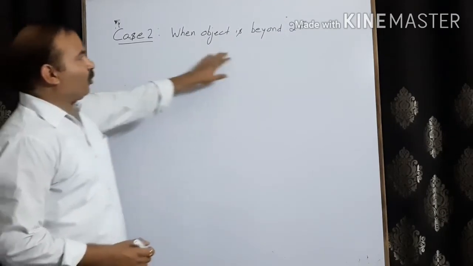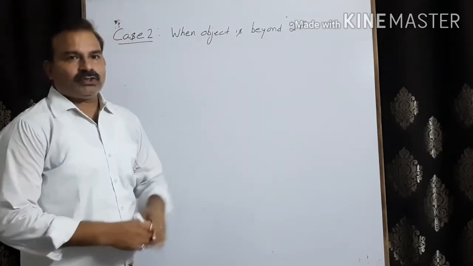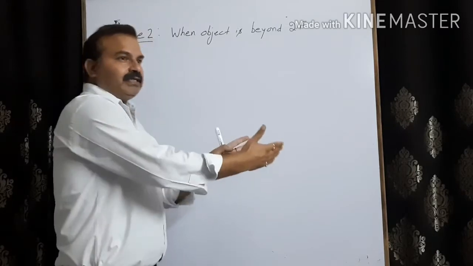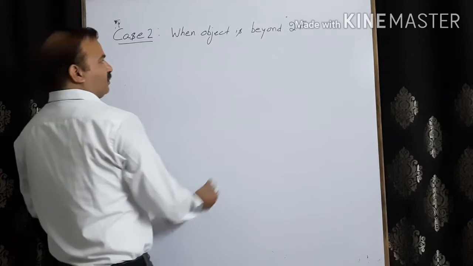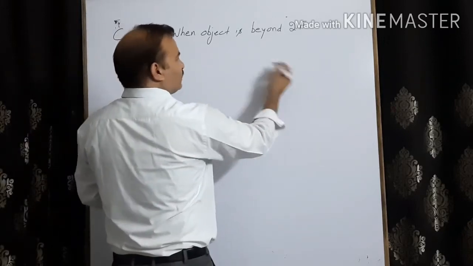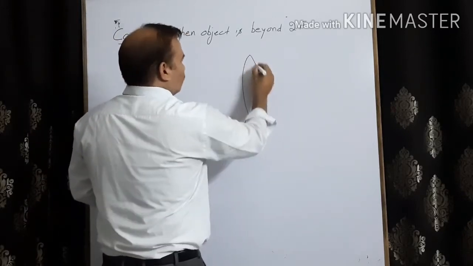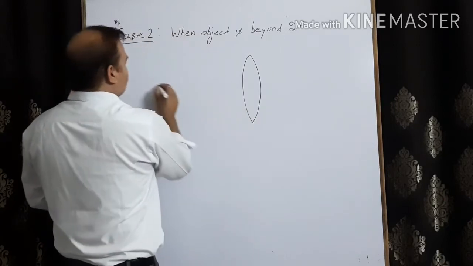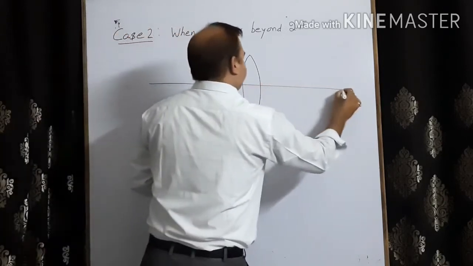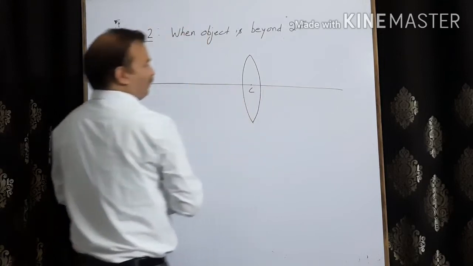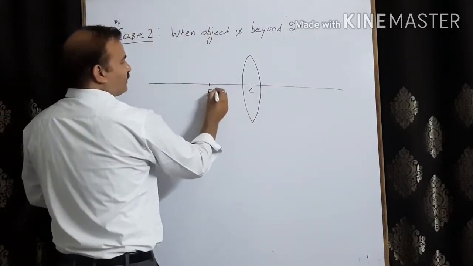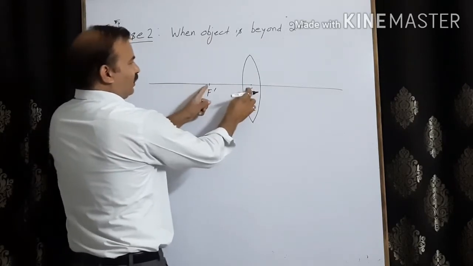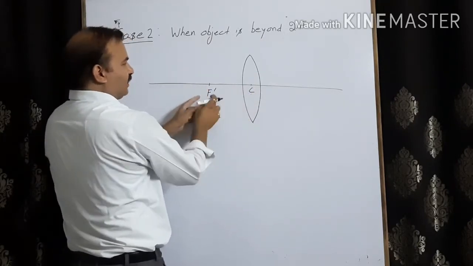Second case is when the object is beyond 2f. What is 2f? It is the distance at twice the focus, that is, twice the focal length. Now, for this the ray diagram is: this is the convex lens, this is the principal axis, and this is the optical center C. Now, suppose this is the focal length, that is the distance between the optical center and the focus.